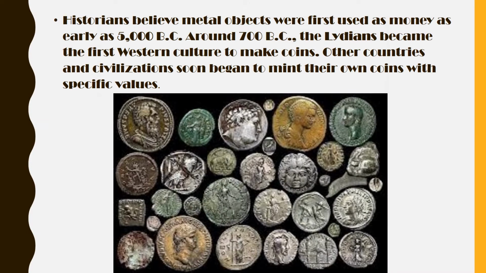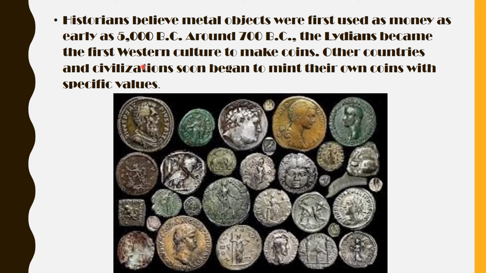So kids, when and where was money first used? Historians believe metal objects were first used as money. Around 700 BC, the Lydians became the first Western culture to make coins out of those metals.